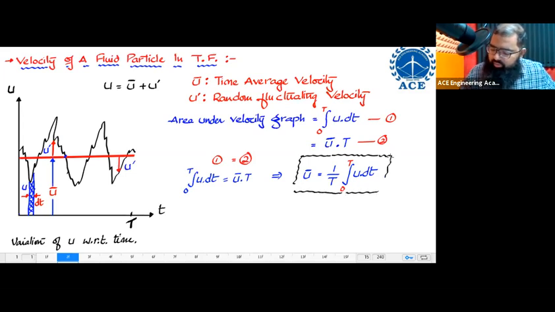Let us take this formula as formula A, formula for time average velocity.